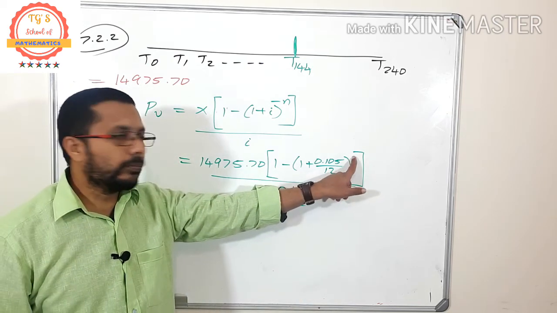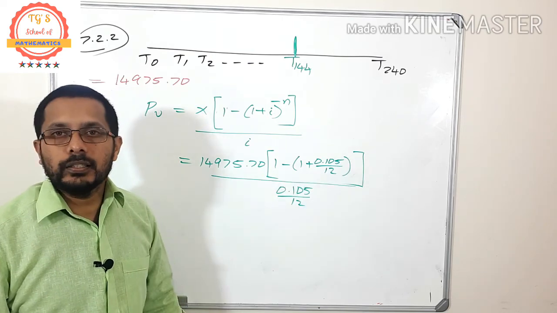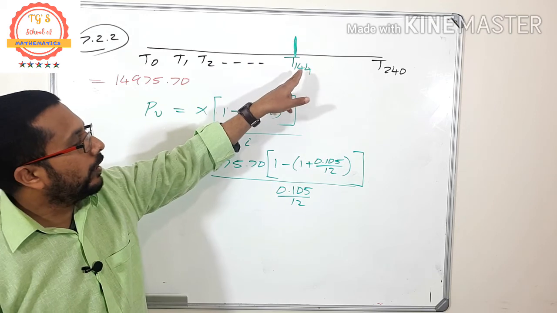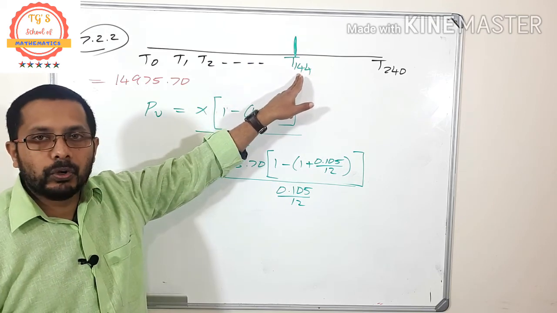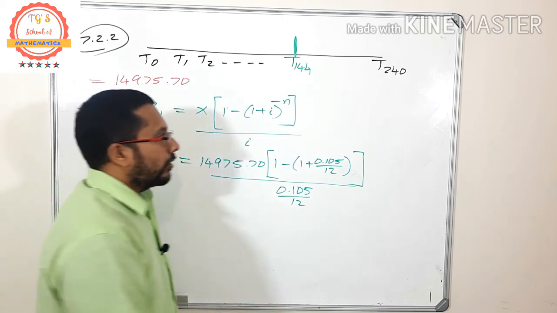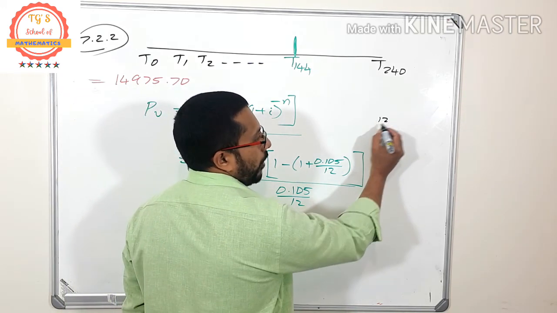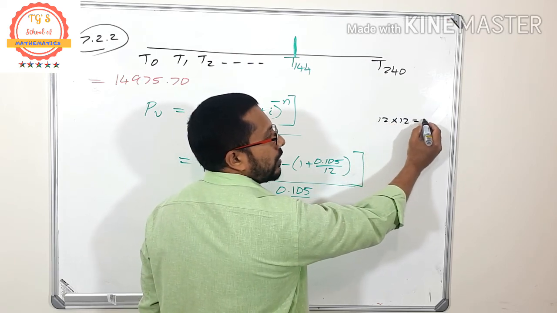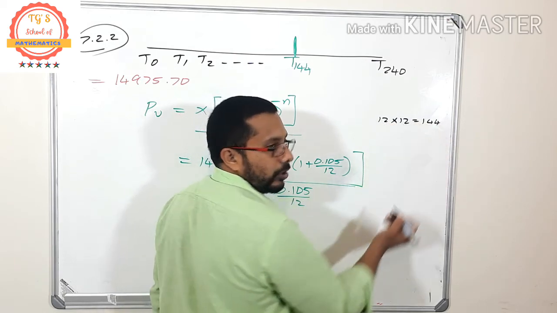Now look at this one. How can you find this value of n? So there you have to be careful. Immediately after this 144, what does this 144 mean? 1 year means 12 months. 12 times 12 is 144.